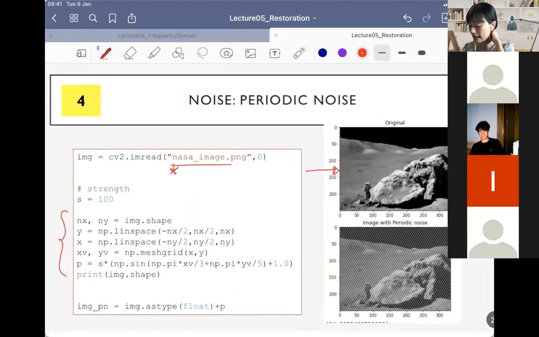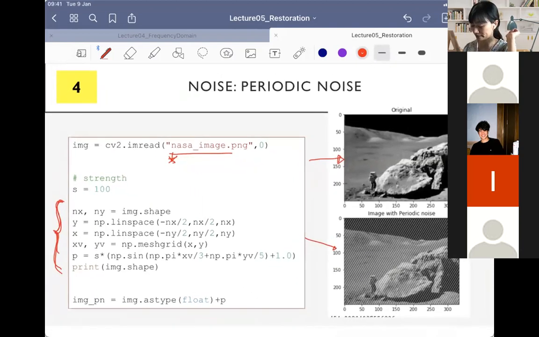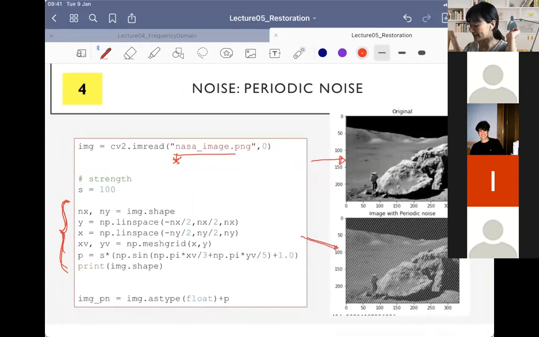But then I have a small set of code to add periodic noise into the image.